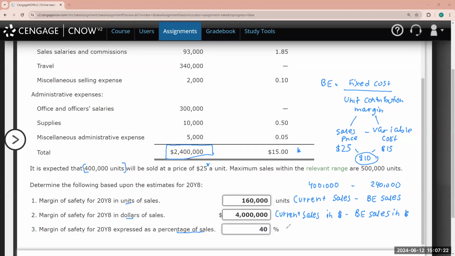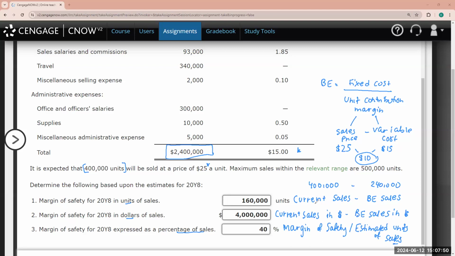So it would be our margin of safety divided by our estimated units of sales.